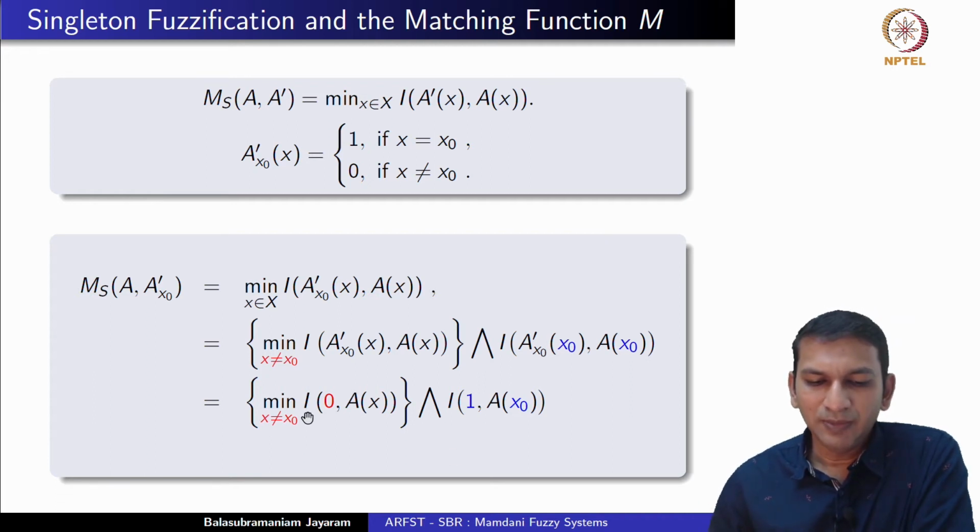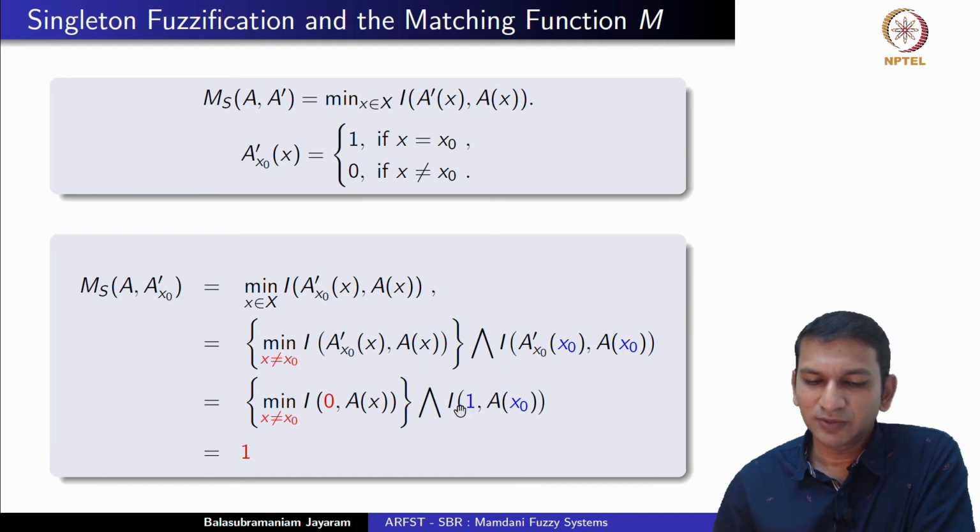Now remember, I is an implication, I of 0 comma y is always 1, no matter what implication you take. So for every x not equal to x0, no matter what A of x can be, each of these is actually 1. So the minimum over all of these will be 1.